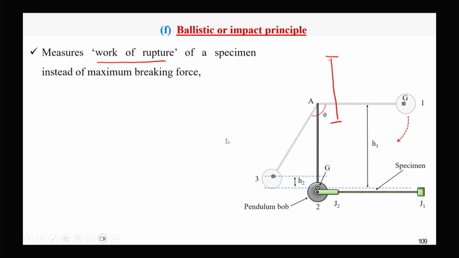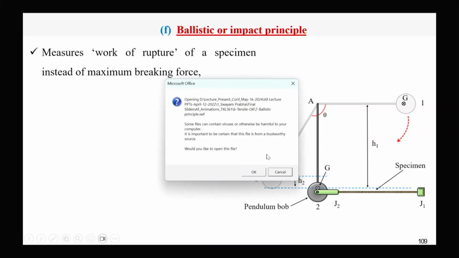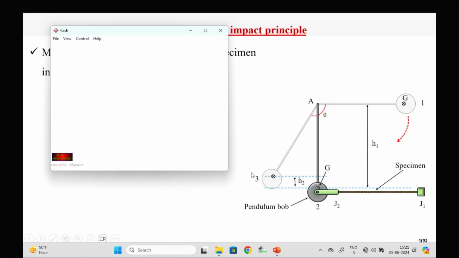So this is the schematic diagram of the principle. It works on the pendulum principle. First let us see the animation, then we will discuss in detail.